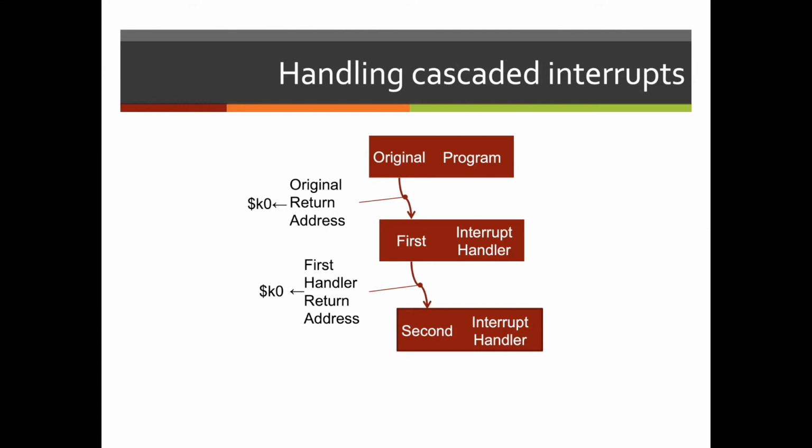So this would make it impossible for us to return to the original address. So by the time that we get to the second interrupt handler, we've lost the original program.